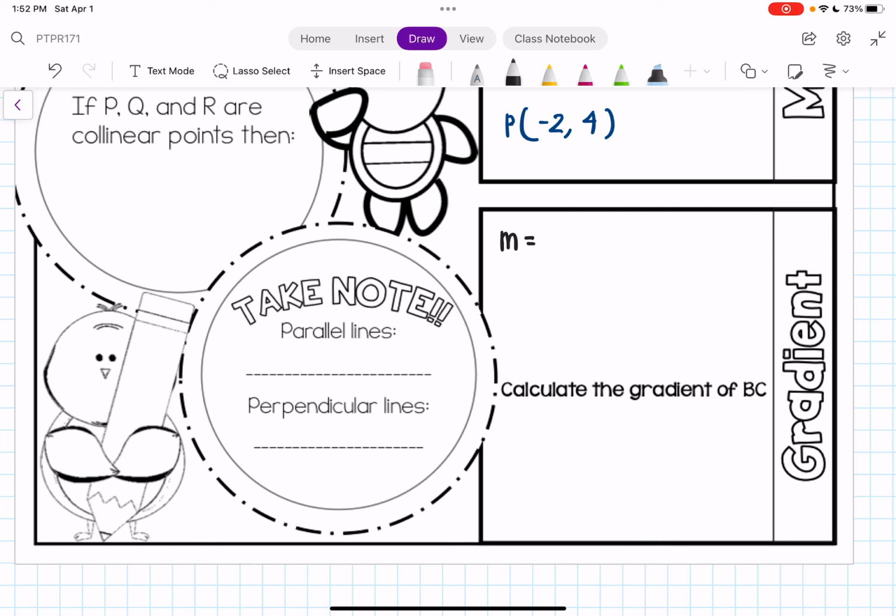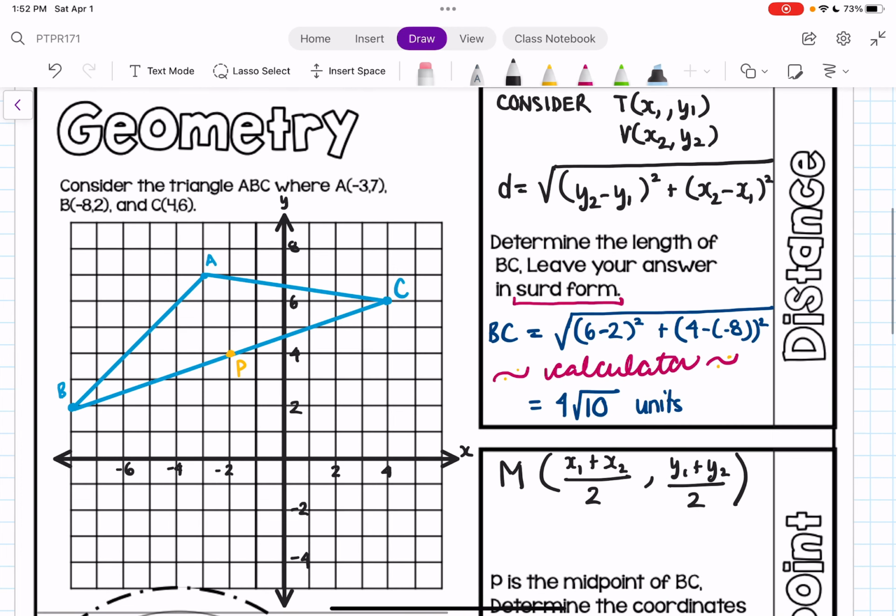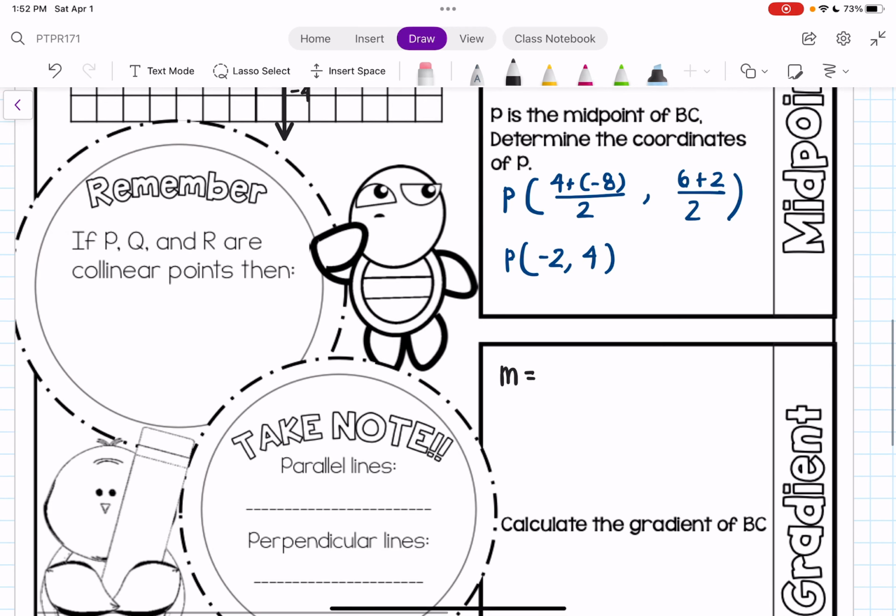Based on my drawing, I could count my squares and get my rise over run. But if I don't have a drawing and I just want to work with my points, it's y2 minus y1 all over x2 minus x1.